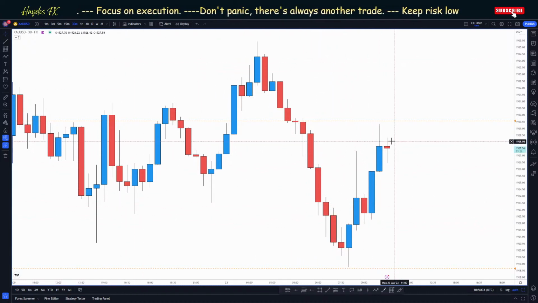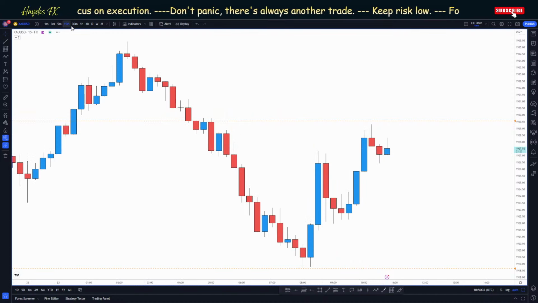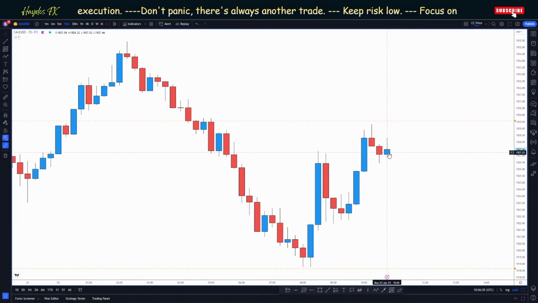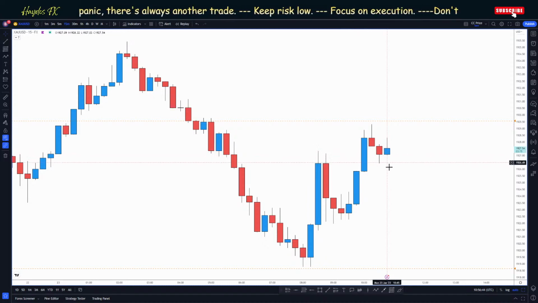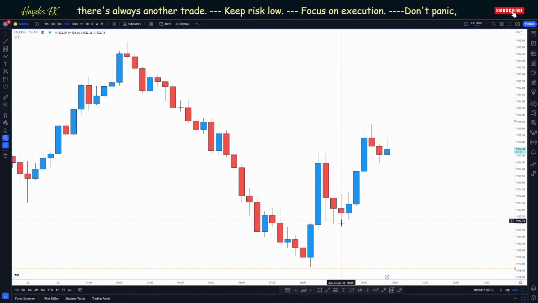So we just want to see little by little these other time frames start to, like if we can see this close more or less here, or even a smaller body, and then breaking that low, then we could potentially start filling some of that 4-hour wick.